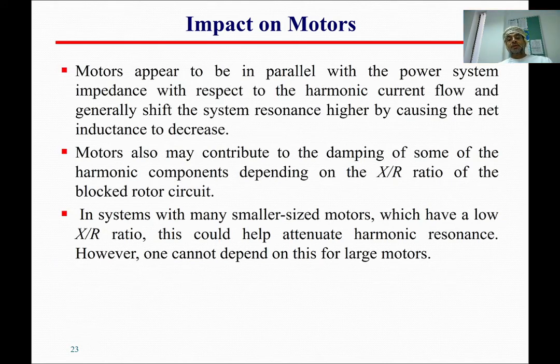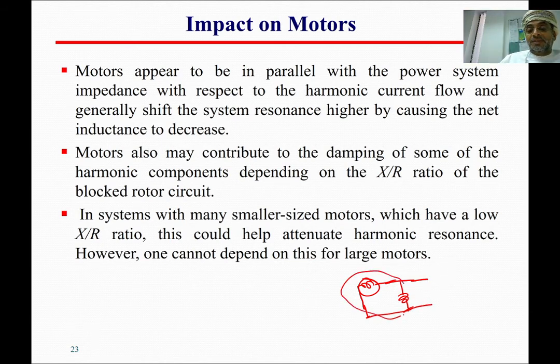Motors appear to be in parallel with the power system impedance with respect to the harmonic current, and generally they will shift the system resonance higher by causing the net inductance to decrease. Okay, so since the motors are represented by inductance and they are connected in parallel with the power system that also has inductance, the total inductance over here will go down.